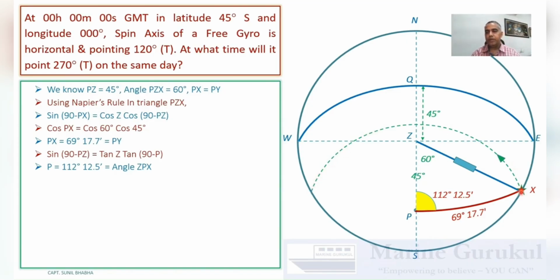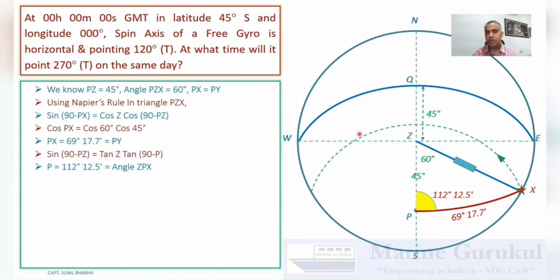So this is how the star is going to move. From point X, it is going to move in the direction shown by the green arrow. At this particular point, it will be on 090 bearing. E point represents 090 bearing. Then it will move further. At this particular point, it will have meridian passage and it will be pointing north, representing the 000 north direction.